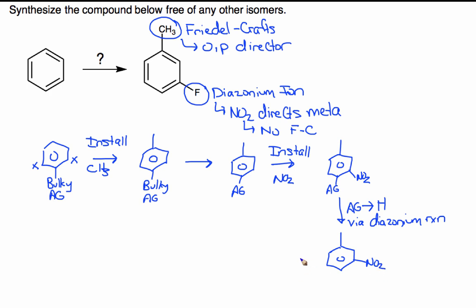So that'll get rid of that, and now all that's left to do is convert that NO2 to the fluorine, and we can do that by the diazonium ion reaction. So there's our basic strategy.